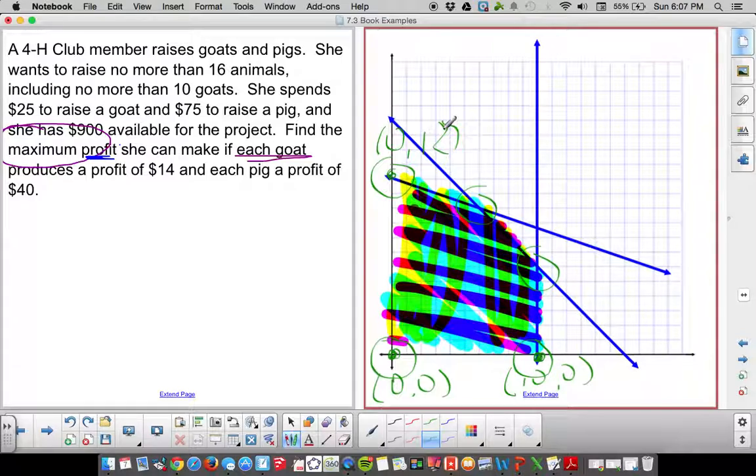That's where I'm going to use my knowledge of linear equations from previous courses, Algebra 1 and Algebra 2 and so on.